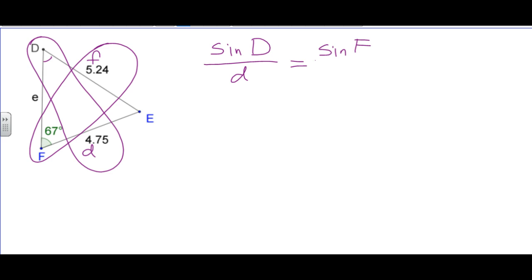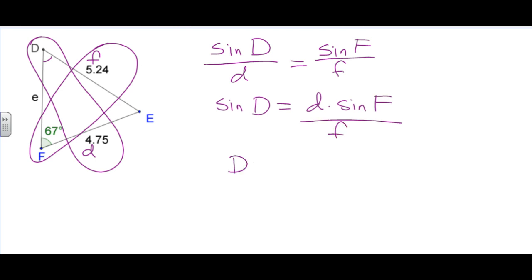In this case, we've got our known pair, which is angle F and little f. So that's how we're going to set it up. We can do two steps here. I want to solve for angle D, so it's little d times the sine of angle F over little f. But then D will be the inverse sine of this expression.